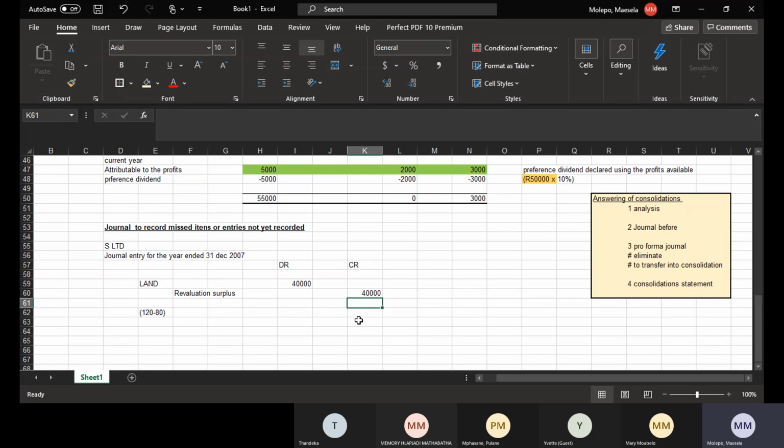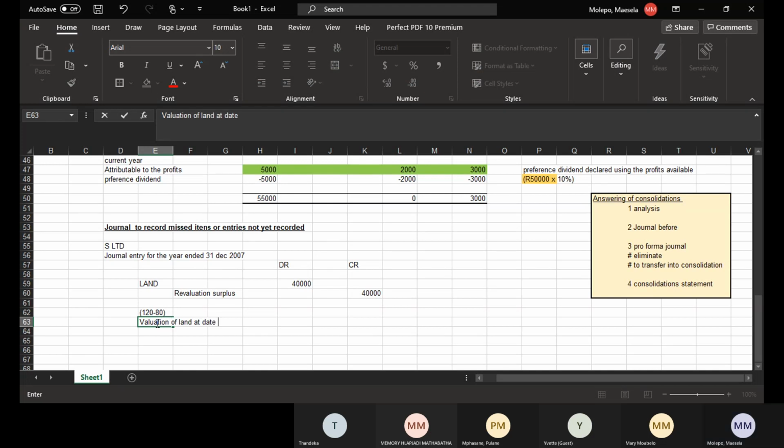In most cases, you will be lucky if they say they don't want the narrations. But if they want the narration, you have to tell us what was the main purpose of you doing this transaction, or recording the revaluation of land at the date of acquisition. So even though they say the narrations are not required, it's imperative for you to understand what is the purpose of making that journal.